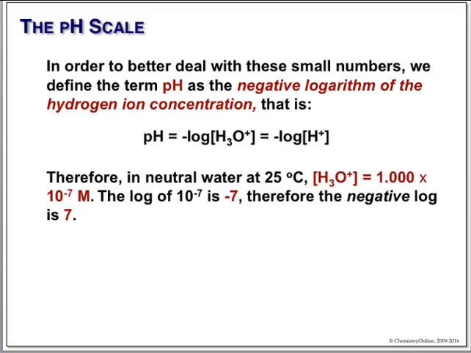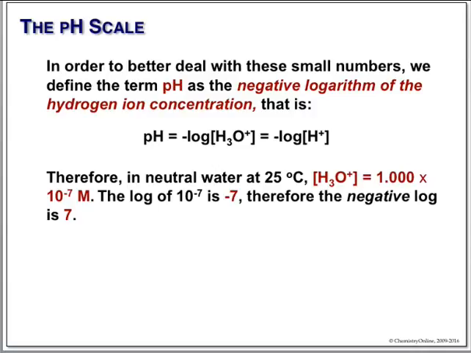Now remember, we said several times that if you have absolutely pure, neutral, happy water, the hydronium is what? 10 to the minus 7 molar. Now, if we take the log of 10 to the minus 7, we get minus 7, right?